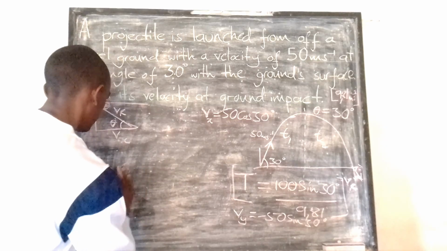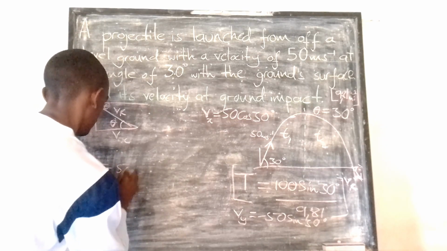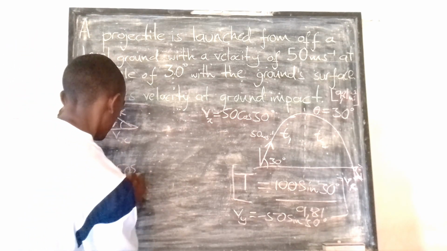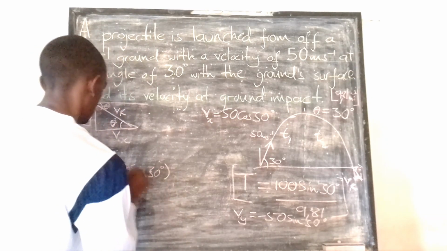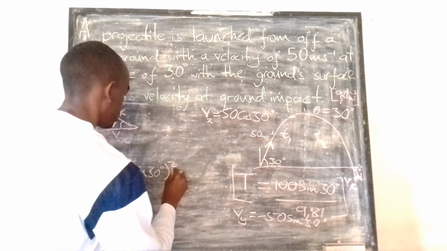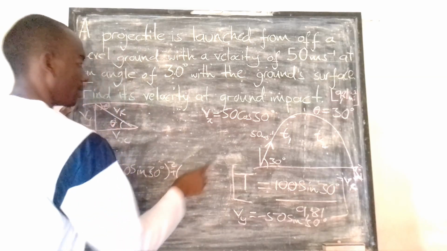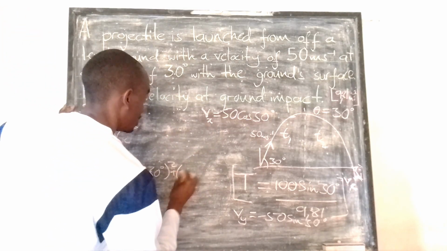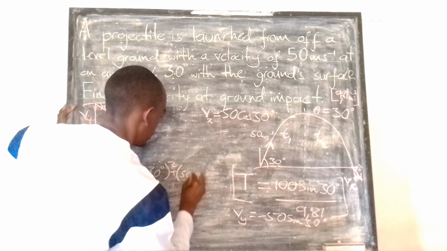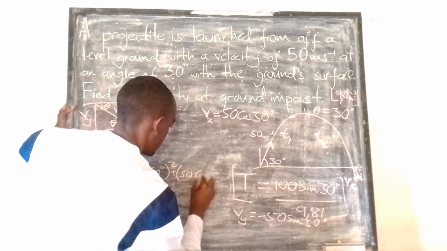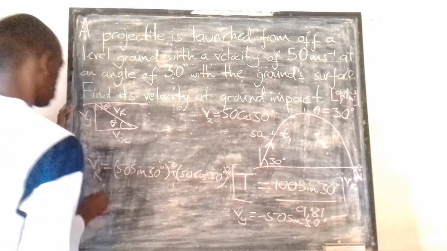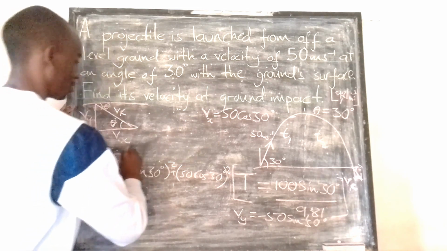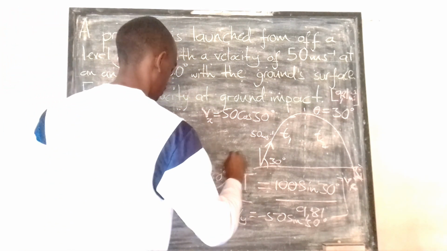That is 50 sine 30 degrees. I square this. And Vx, what is Vx? 50 cos 30 degrees. And I square this, and we take the square root.